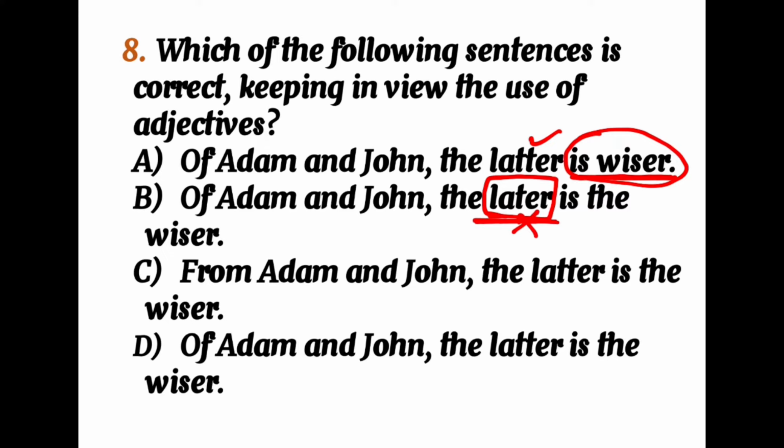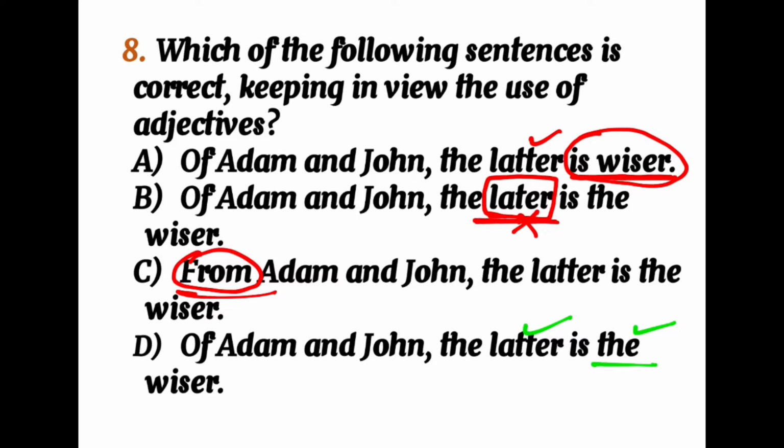This is not correct, but here the mistake was in wiser. From Adam and John, from. We can't say that. So again, there is no need to read the sentence further on. The delta option must be correct. Of Adam and John, there is no problem here. The latter, again, position, there is no problem here. Latter is correct. Is the wiser, yes. We do need an article here, a definite article.